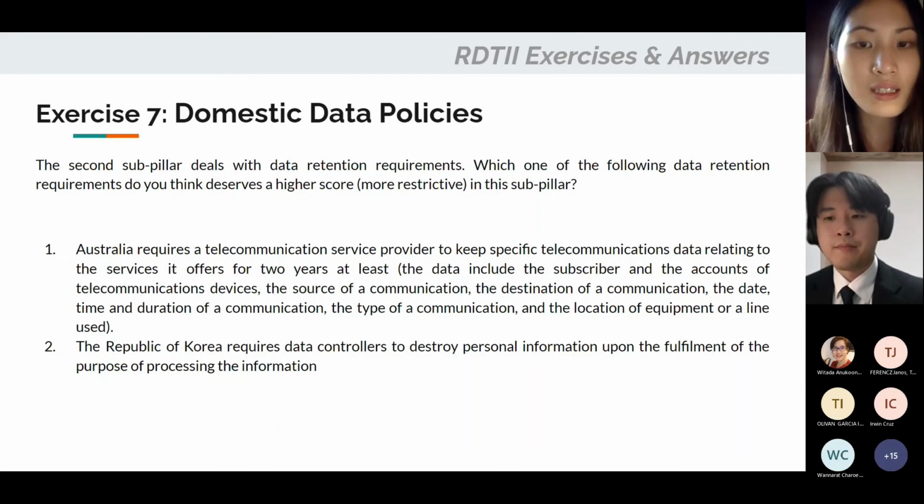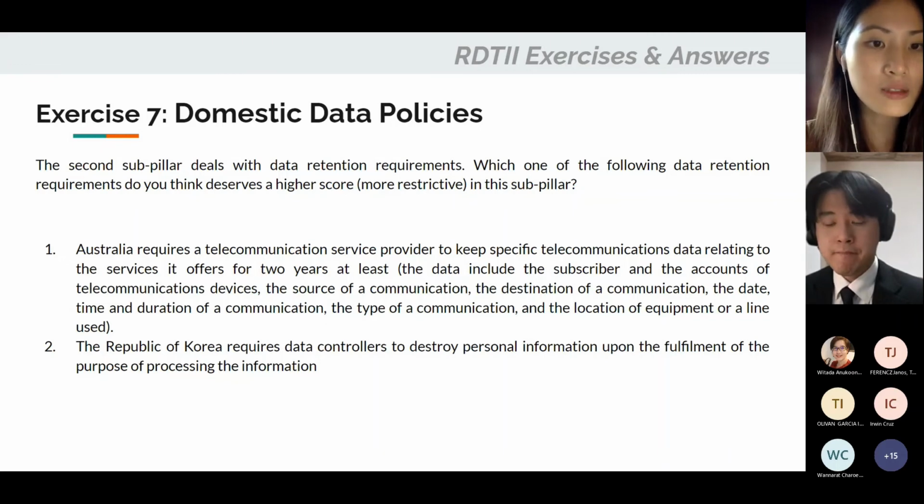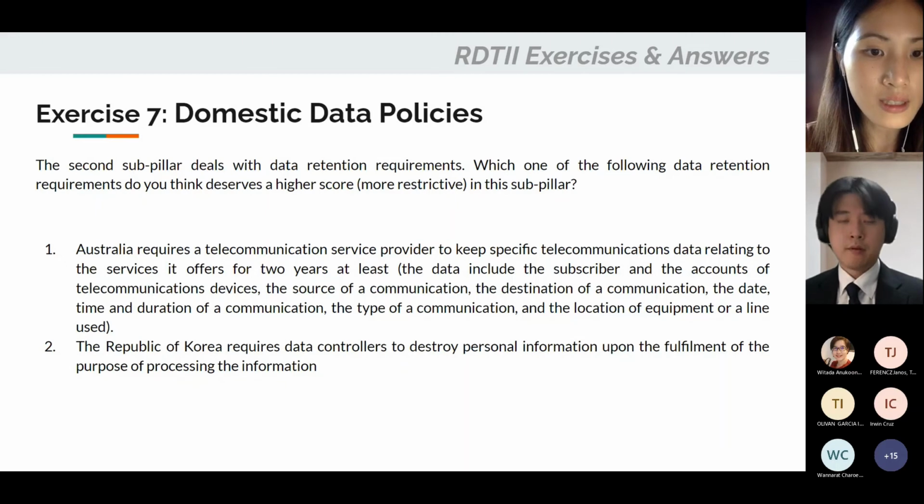So this question asks which one of the following data retention requirements do you think deserves a higher score, or is more restrictive? The answer here is the first choice, Australia, because the country requires the telecommunication data to be captured for 2 years. This fixed period is considered the minimum data retention requirement.